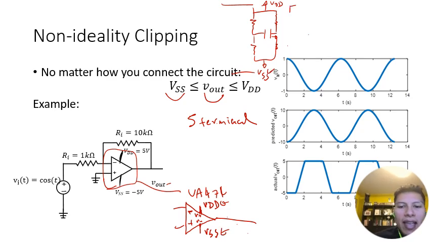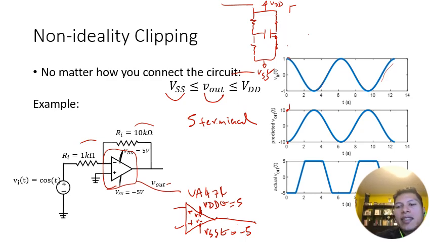Just to give you an example, let's say I plug in 5 volts here and negative 5 volts here, and then my input has a 1 volt signal. In this particular case, I should get a gain of 10. So what I should actually see out of the amplifier is this.